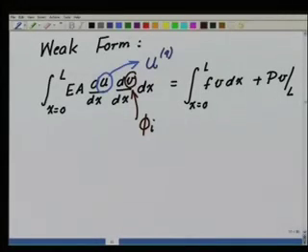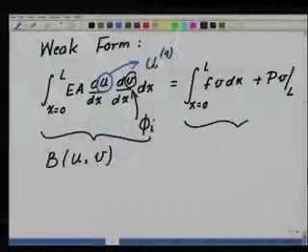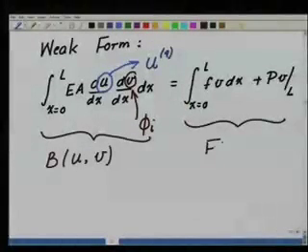To make the notation a little more compact, as we had done a few lectures ago, this part we are going to represent as a bilinear form. As I had said, it is linear in u and v, so it will be called the bilinear form given by the compact notation B of u, v. And this right side we are going to call F of v, which is a linear functional. Because as the number of functions increases, the algebra gets tedious, so we would like to be compact. Only for that reason we are introducing these things.